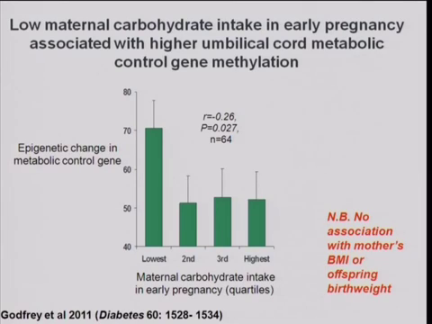And they try and make up for it with protein, but it's very often not high quality protein. It's not nice red meat or oily fish. It's cheese and other forms of dairy protein. And that combination of low carb and high protein actually is associated with the epigenetic change in the child's cord that we've just seen. Not such clear data, it looks as if there's a sort of threshold effect here.